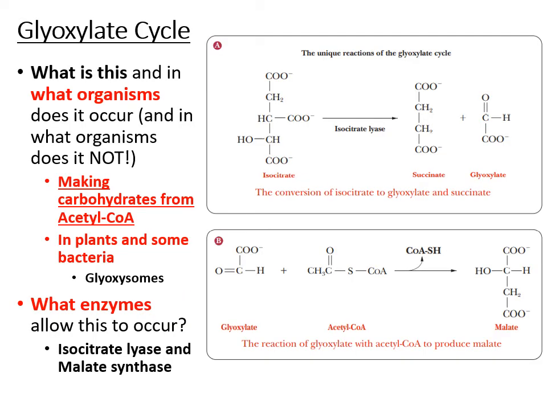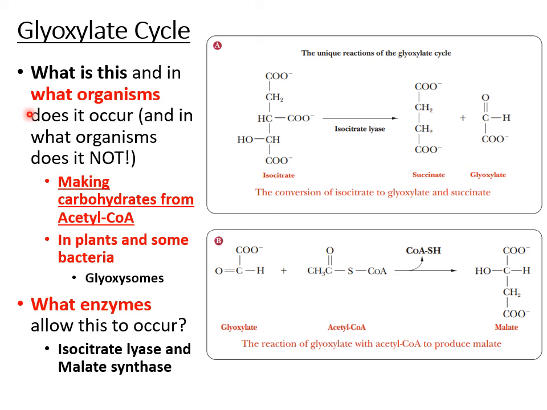Now, because you can never have enough cycles, there's another cycle to mention. There's the glyoxylate cycle. Basically, that's a cycle in which some organisms can make carbohydrates from acetyl-CoA. So they convert the acetyl-CoA into carbohydrates. Plants and some bacteria can do that. Animals cannot do that.